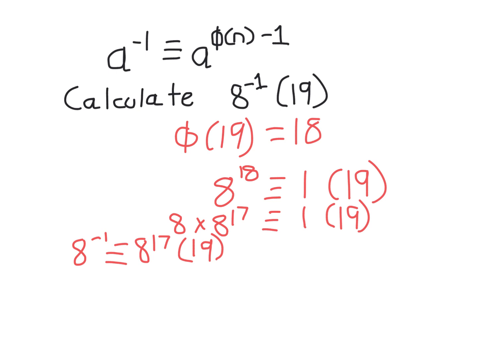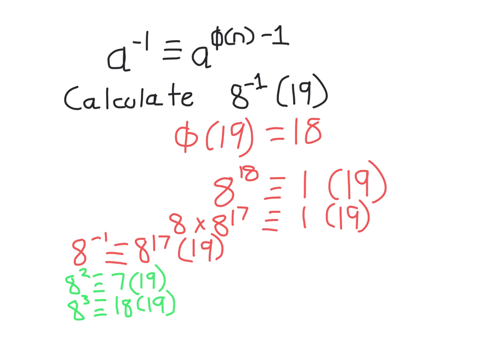So to find the inverse of 8, let's calculate 8 to the power of 17. That's not easy to do, and your calculator may give you a really large number in scientific notation, depending on how many digits your calculator can store. So let's calculate some low powers of 8. 8 squared is 64, and 64 is 7 mod 19. 8 to the power of 3 is 512, and using your calculator, you can see that's equivalent to 18 mod 19.